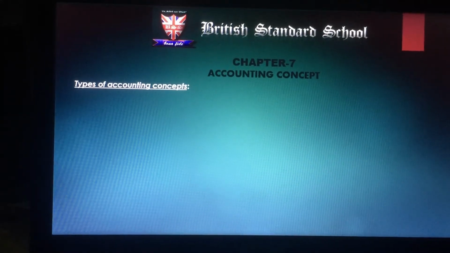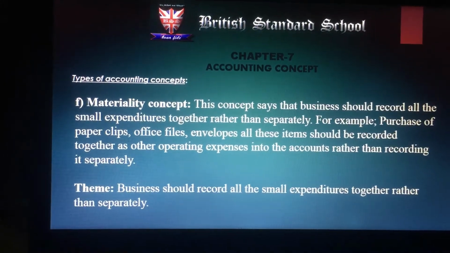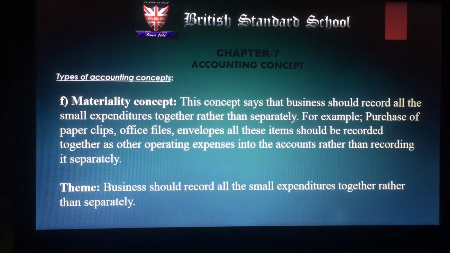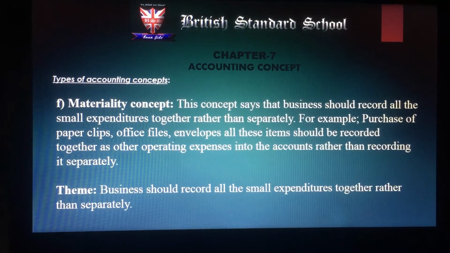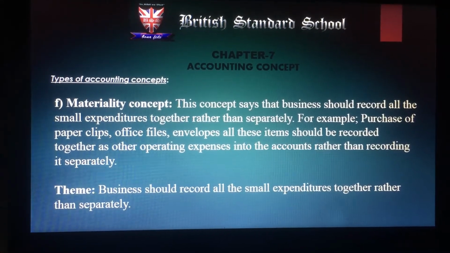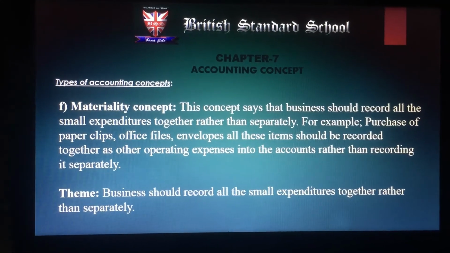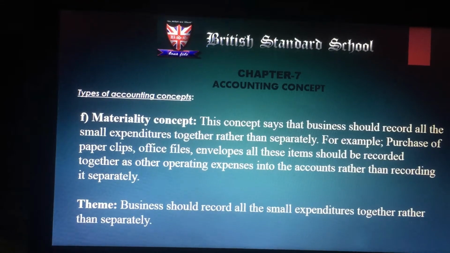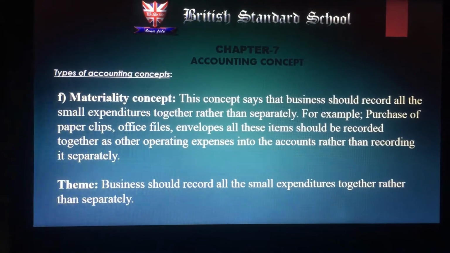And the last one, materiality concept. In accounting, there are so many expenses that occur in the business, like paper clips, office files, postage or envelopes, and everything you need to purchase to carry on your business. So these are the smallest expenditures.